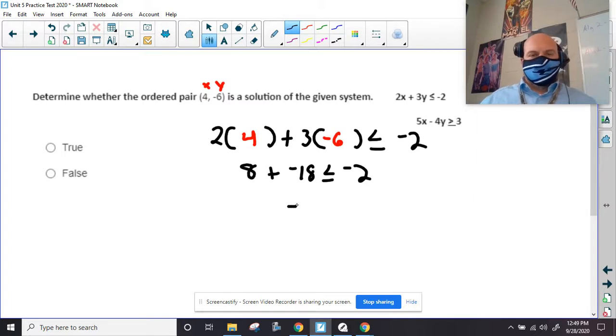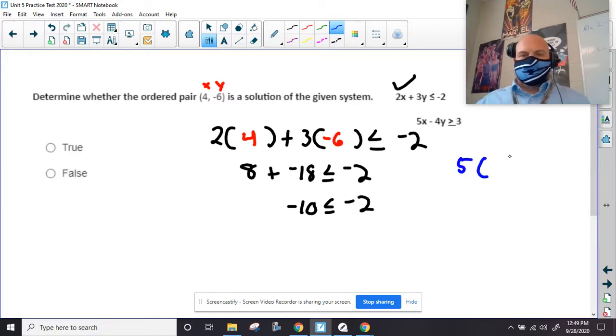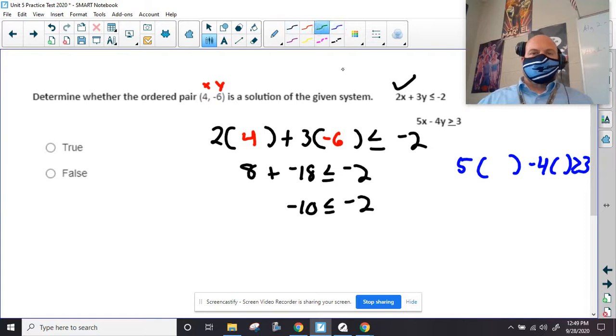All right, so this becomes negative 10. Is negative 10 less than or equal to negative 2? Yeah, so this one works for this one. So we got to try it with this here. Okay, so we're going to put in 4, negative 6.